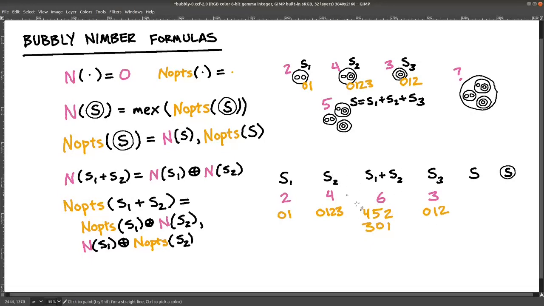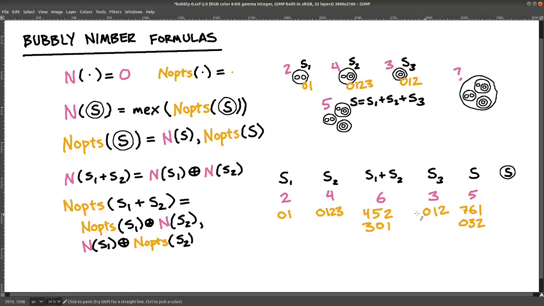Great. So now we do the same thing with this state and S3 to get the numbers for S. Of course, 6 XOR 3 is 5. Which is good, that's what we already had. 4 XOR 3 is 7. 5 XOR 3 is 6. 2 XOR 3 is 1. 3 XOR 3 is 0. 0 XOR 3 is 3. 1 XOR 3 is 2. 6 XOR 0 is 6.